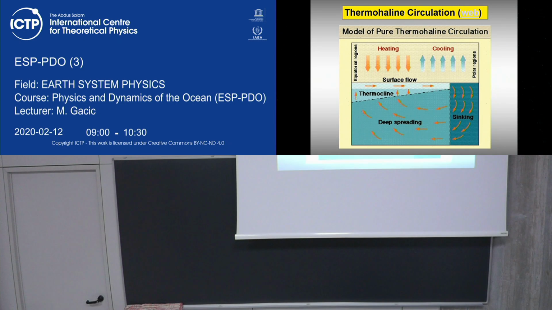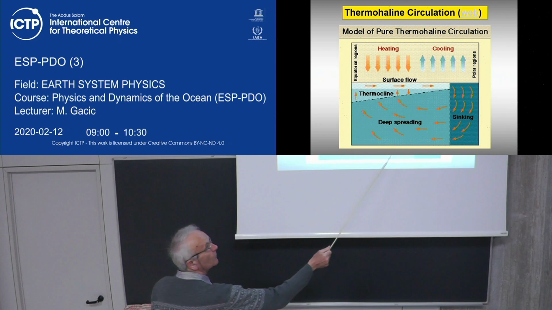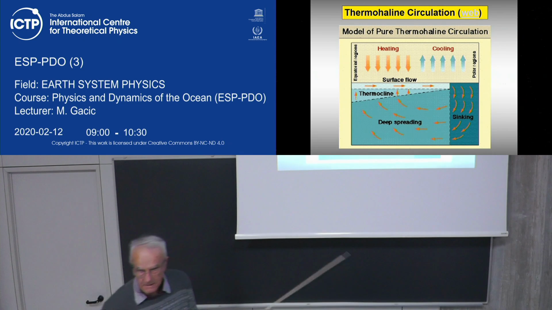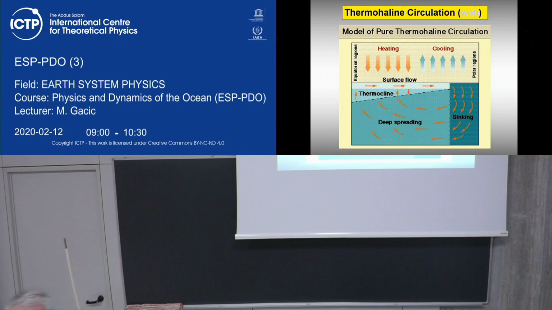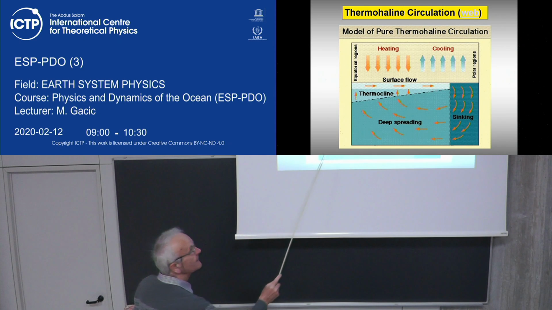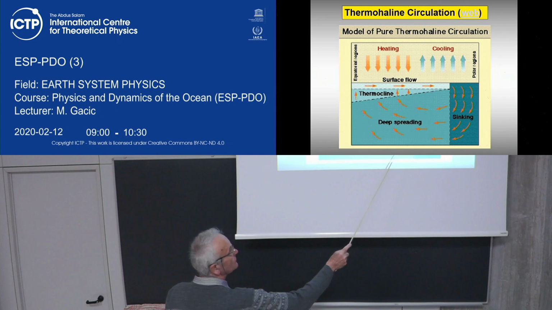Having the loss of water mass in the surface, we have a difference of the sea level, but this cannot go forever. There should be a surface flow which compensates for this loss of volume in the surface due to the sinking. So we have the establishment of the surface flow northward.